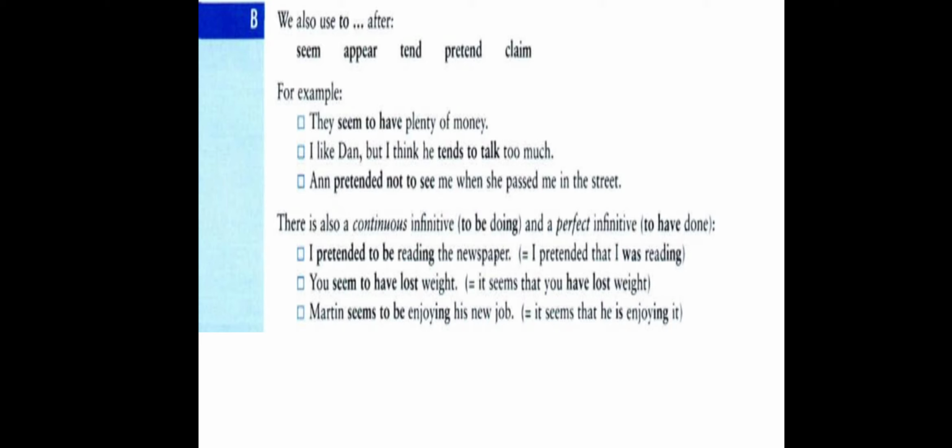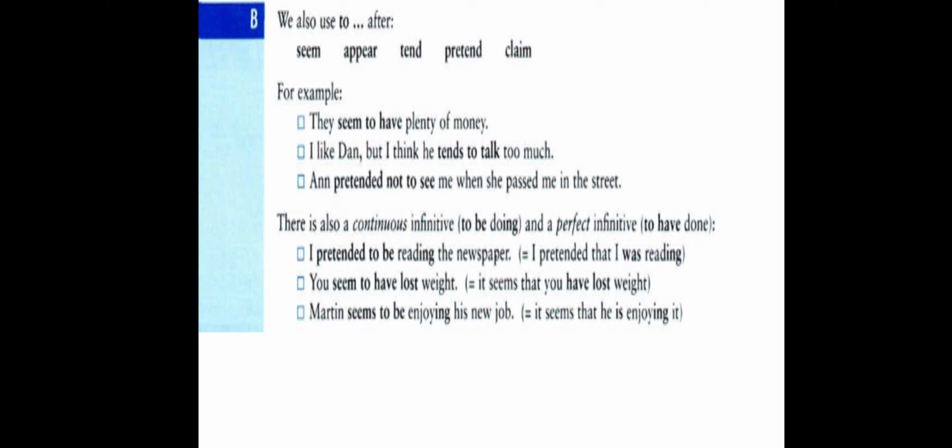Example number 2, you seem to have lost weight. And here we have perfect infinitive. If we think of infinitive, we think of to plus the base form. And if we think of perfect simple, we think of have or has plus the past participle. And if we put have or has after to, then we need to change them into the base form have.